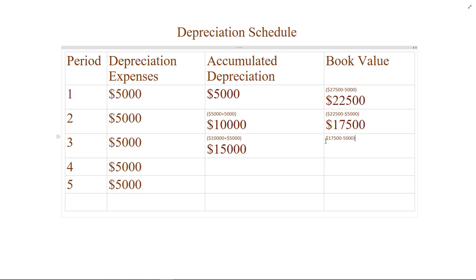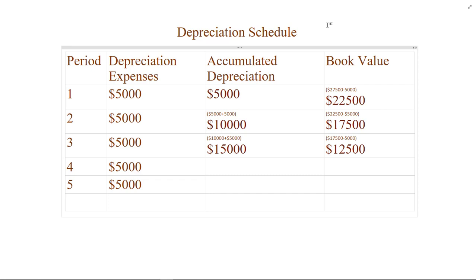So 17,500 minus 5,000, that's the current depreciation expenses, is equal to 12,500. It means the total value, or the book value, of the asset is equal to 12,500.